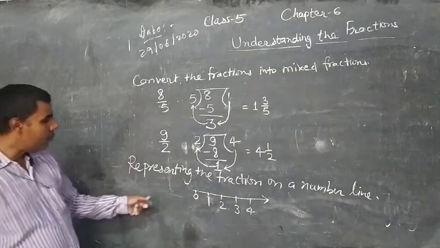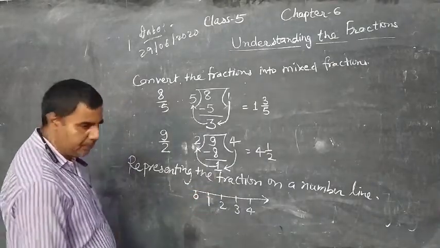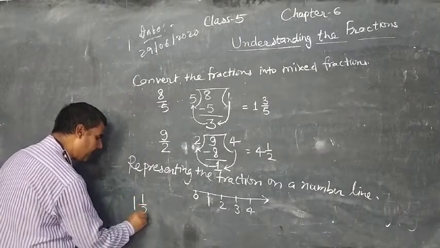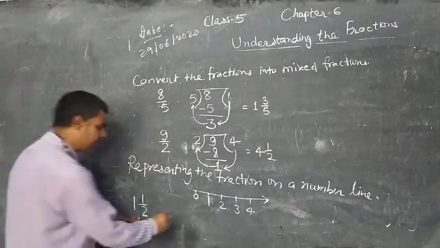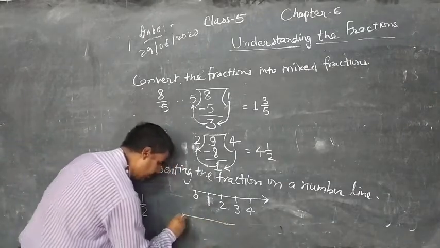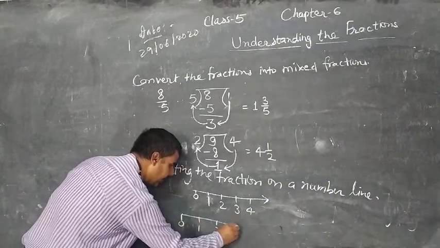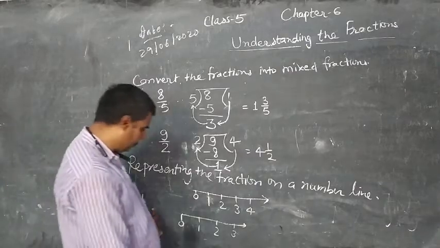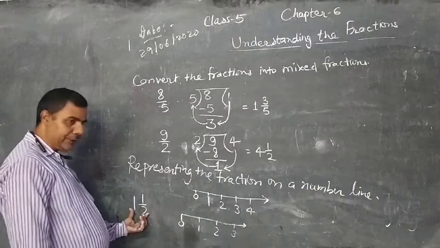Then how do we represent a fraction on a number line? Suppose our fraction is 1 and 1 by 2. This number falls between 1 and 2.